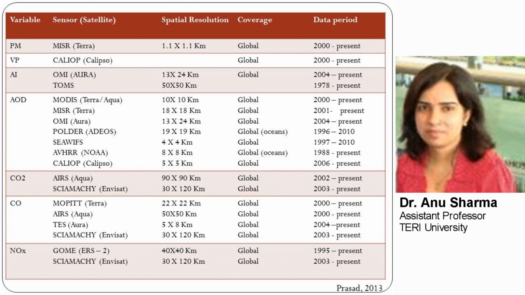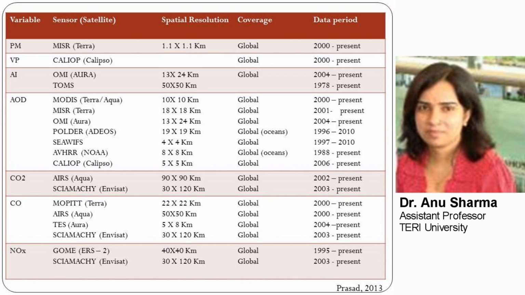So this is a wealth of data sets available to us, by which we can monitor both ozone and the absorbing and scattering nature of aerosols. Apart from that, I may be interested in aerosol optical depth. Aerosols are particles present in the atmosphere that attenuate solar radiation, which is very much harmful.